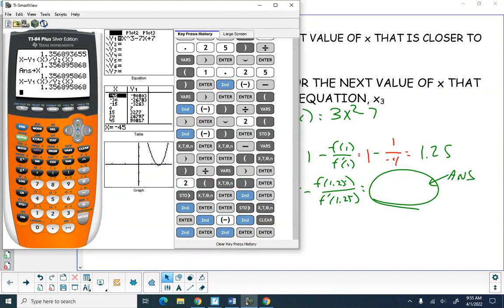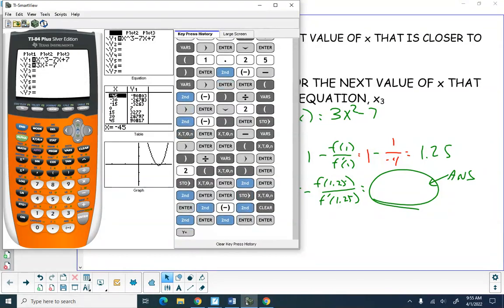Let's make this even easier for us. Because we're always having to pull that answer down. Now, we can always continue to do that, but I have to remember that formula. Let's go to my y equals now, and let's go to y3. Let's type in what we just had to type in before.